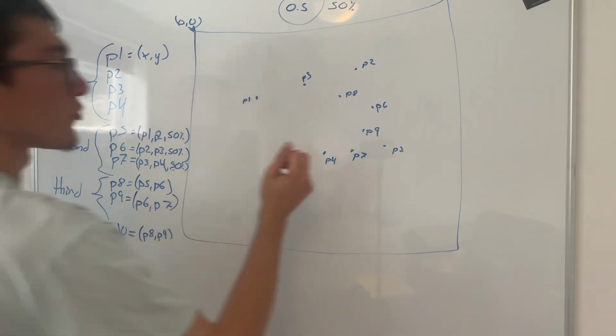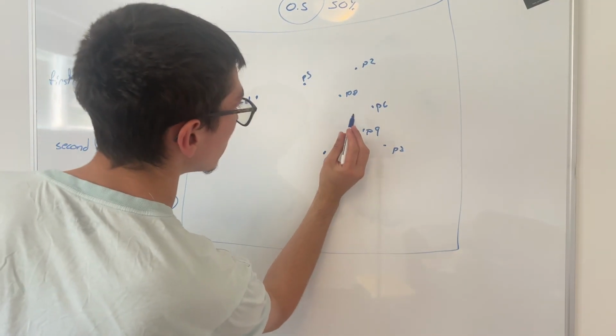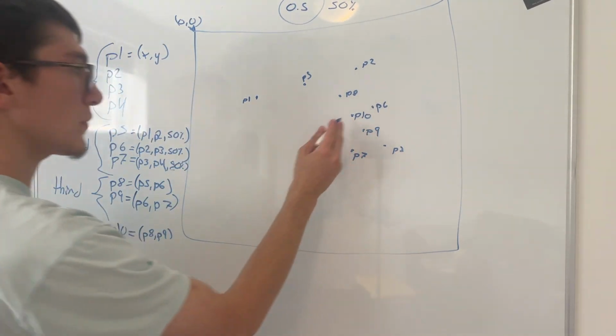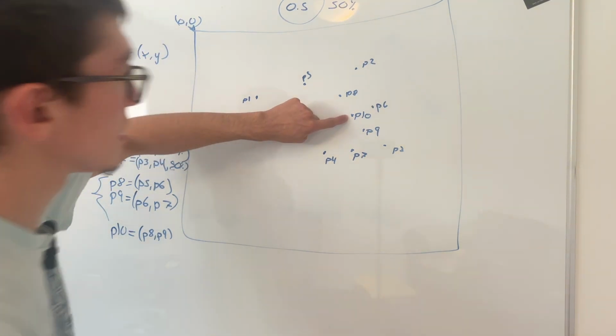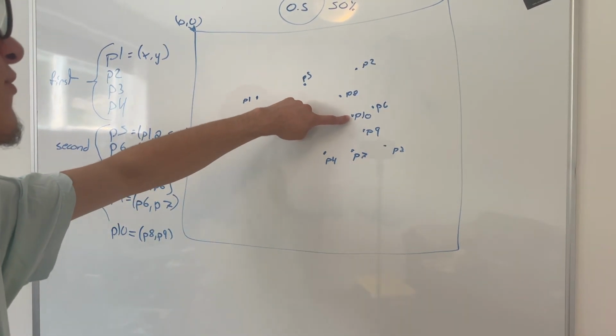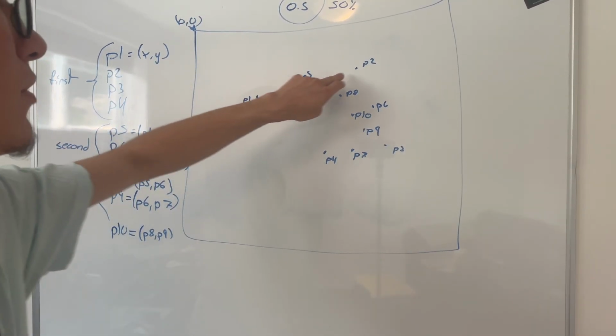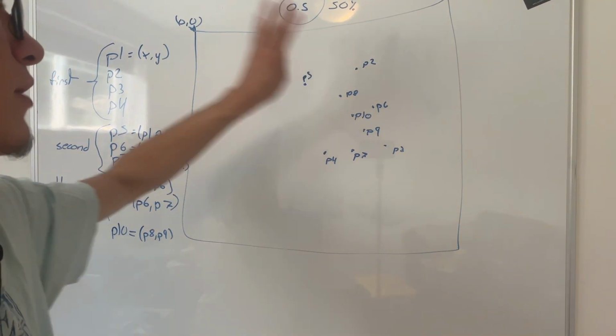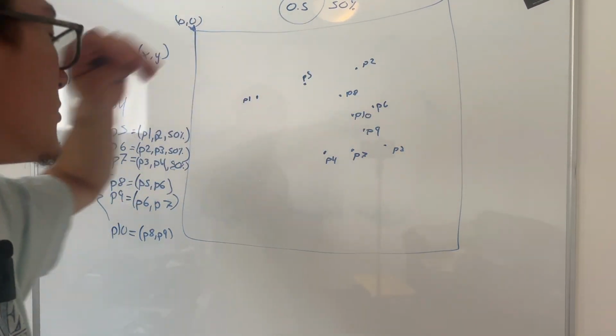So that's pretty much it. This is our P10. So this point right here is the middle point of our curve that goes from P1 to P4, using P2 and P3 as well.